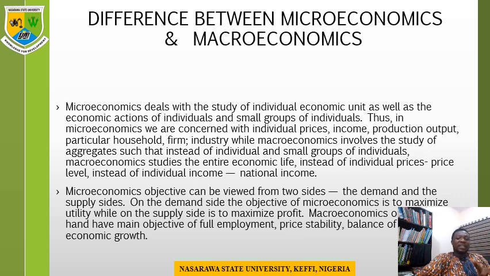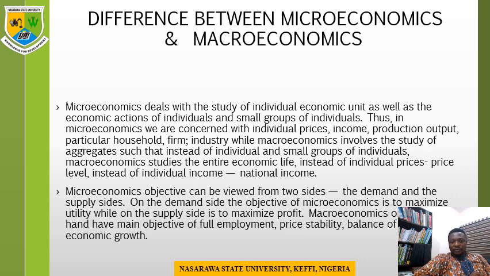So it is not a general analysis of the entire economy. While macroeconomics involves the study of aggregates, such that instead of individuals and small groups of individuals, macroeconomics studies the entire economic life. Instead of individual prices, it studies price level, meaning general price level. And instead of individual income, macroeconomics studies the national income.